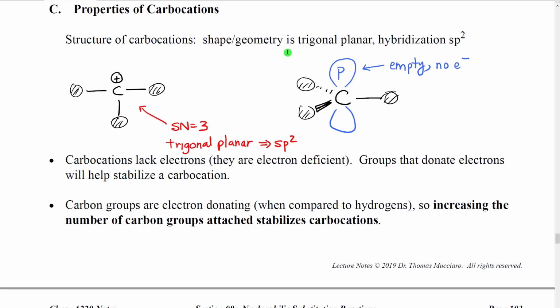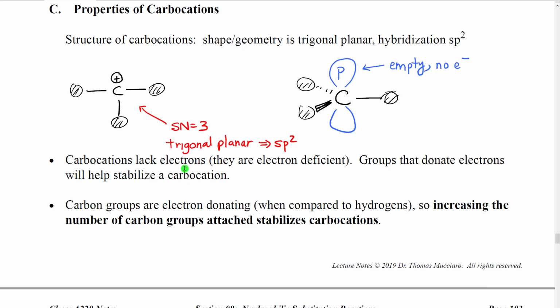If we then sketch a picture of how the sp2 hybridized molecule looks in 3 dimensions, we can see that the 3 groups on the ends of the bonds would be arranged in the trigonal planar arrangement, 120 degrees apart, all flat in a plane. And then there would be an empty p orbital with no electrons in it, perpendicular to that plane.